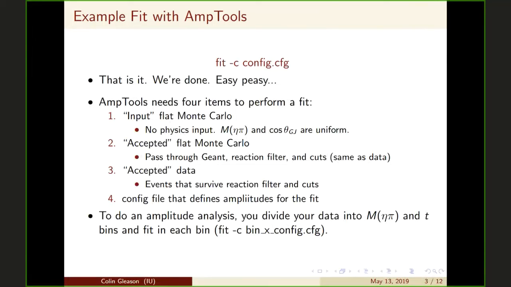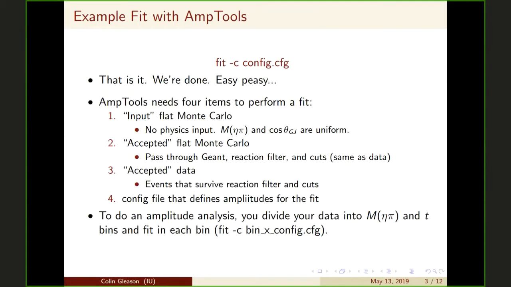It's in there. So what does AMP tools need? It needs several things. So the first two files are needed to do an acceptance correction, right? So the idea of all these fits is that you are looking at the angular distributions of decays, and depending on what the angular distributions look like, you can learn something about the model or the spin of the particles that are produced and these sorts of things.